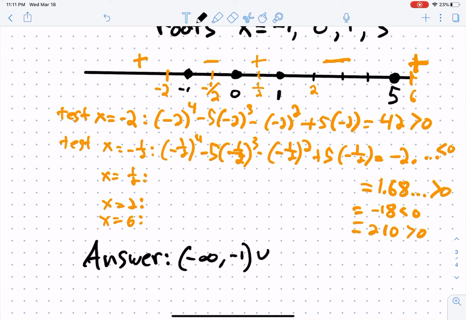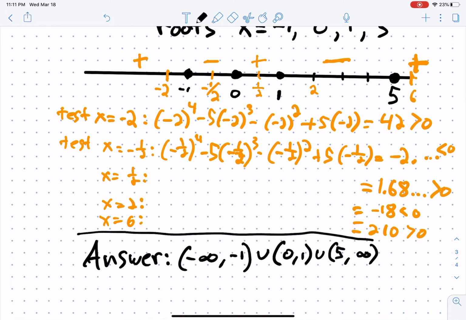The next interval that we want to include, we're going to skip over the interval between -1 and 0, but we're going to include between 0 and 1. So this is union 0, 1. And then we skip over the interval between 1 and 5, but we continue by doing a union from 5 to infinity. And this is our answer.